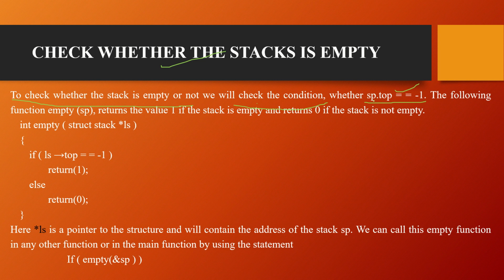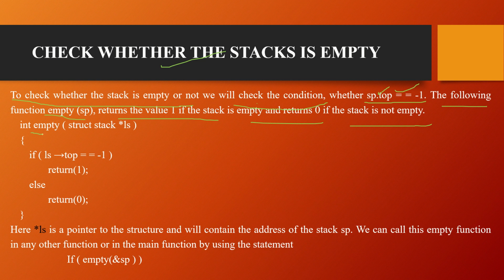sp is a stack and we are checking sp's item variable top. How can it be checked? It is checked through the dot operator. So sp.top, if sp.top is equal to -1, then we say the stack is empty. The following function empty(sp) returns the value 1 if the stack is empty and 0 if the stack is not empty.